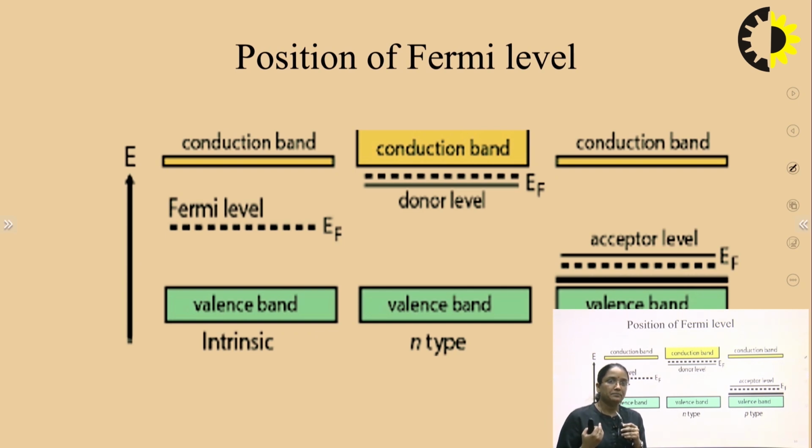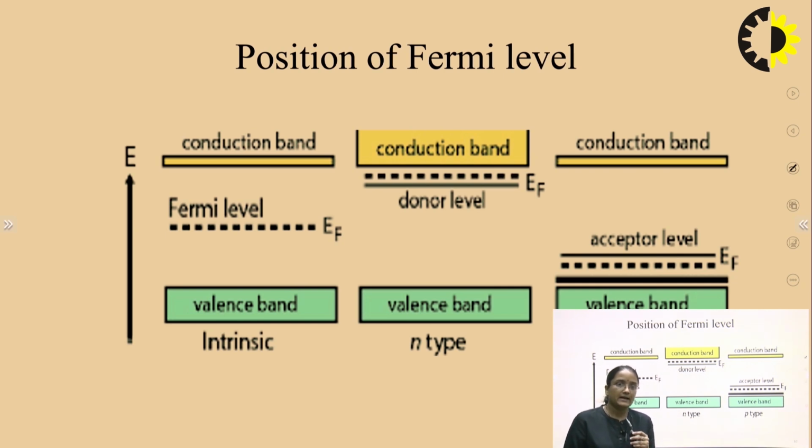Next, p type. In p type, we are defining the position of EF. The EF will be close to the valence band, and it lies between the acceptor level and the valence band edge. What is the acceptor level? Similarly, it is the density states occupied by the holes closer to the valence band, because in the valence band the majority of charge carriers are holes.